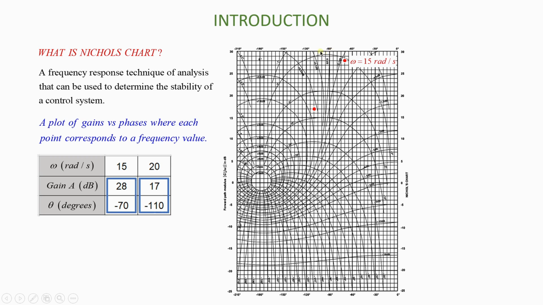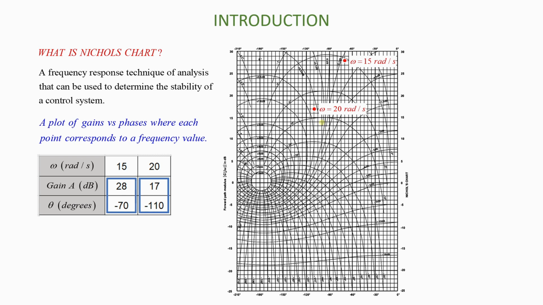So that will be minus 100, and here minus 110, because this is minus 120. Where the two meet, that is where you will have the point. And so this point here will therefore correspond to a frequency value of 20 radians per second. That is what it is. And so we've plotted those 2 points.